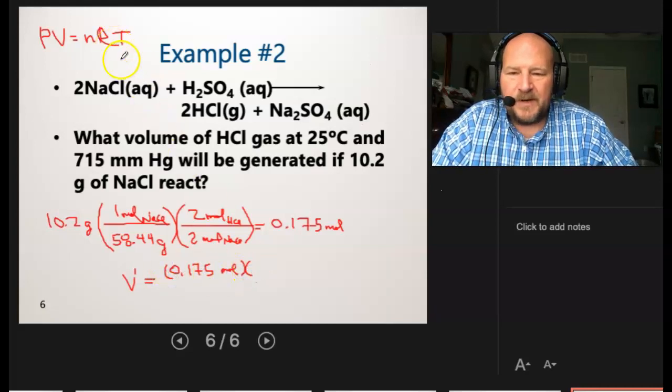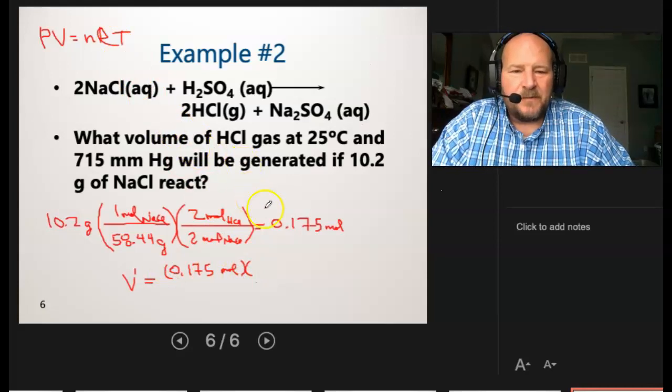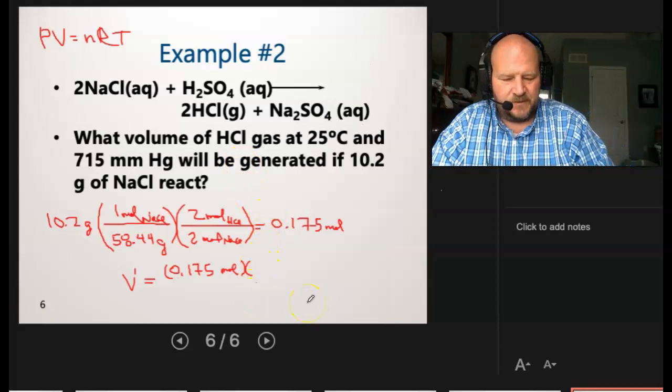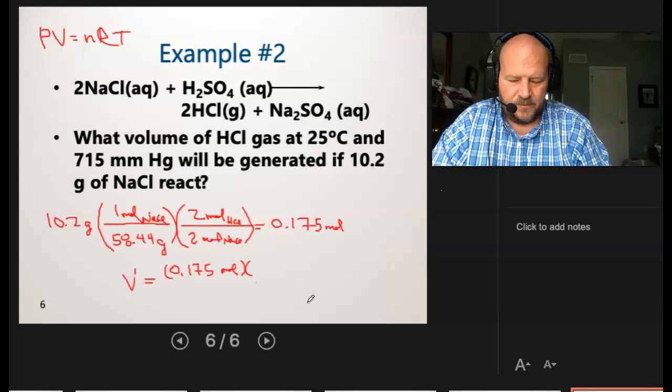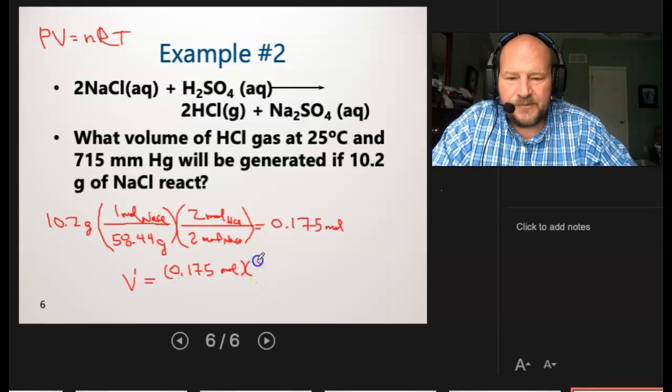I'm going to multiply that by R. Now remember, I'm going to use, I believe it was, 62.4. I should look that up real quick here. Let's see, yep, 62.36. So we'll use 62.4.